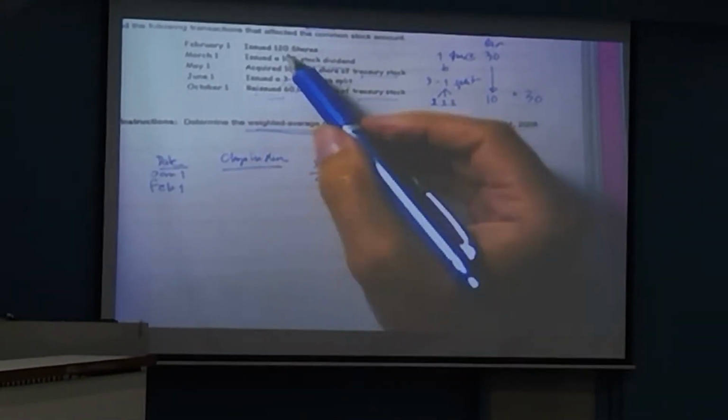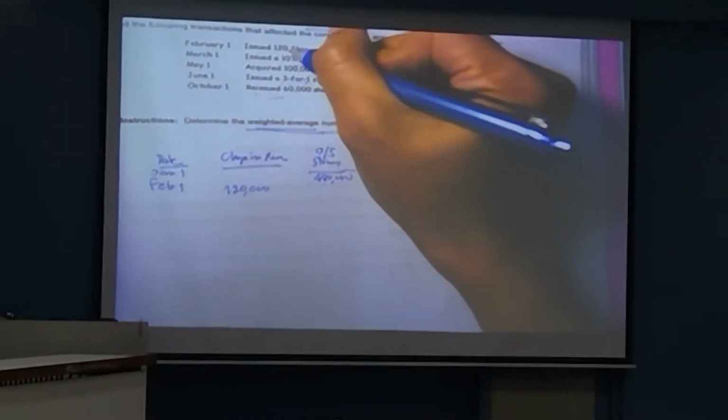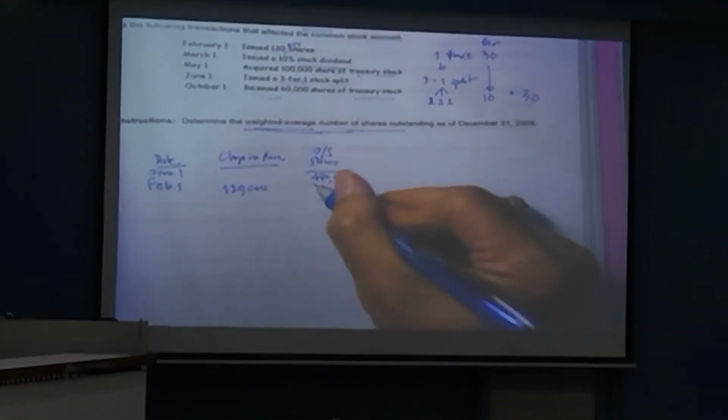On February the 1st, you issue another 120,000. I just like this to make it easy. So how many shares do you have now? 600,000 outstanding.